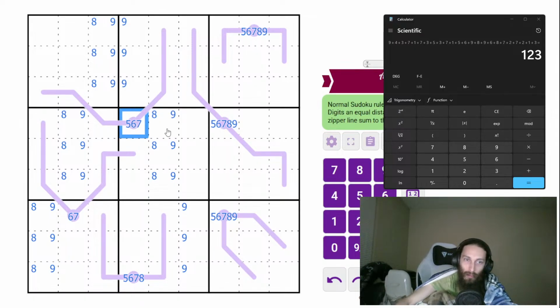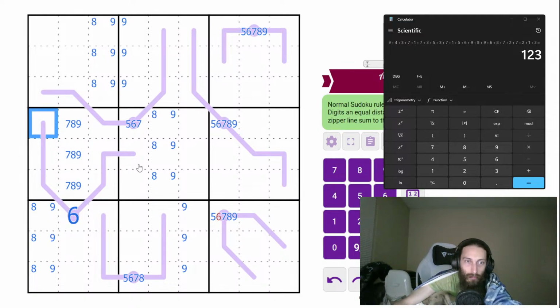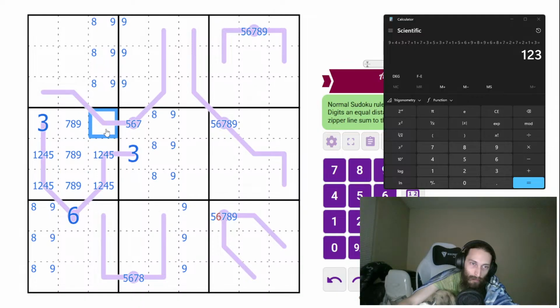So this isn't an 8. And now that can't be the 7 either. Right. 7, 8, 9. A 6. Pair of 3s. 1, 2, 4, 5. So this is a 6, making this a 7, making that a 1.